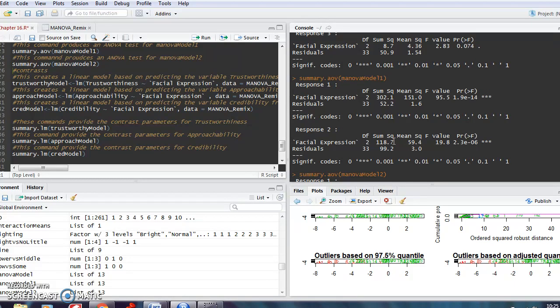So in essence, it does confirm our MANOVA. It confirms it for the ANOVA.